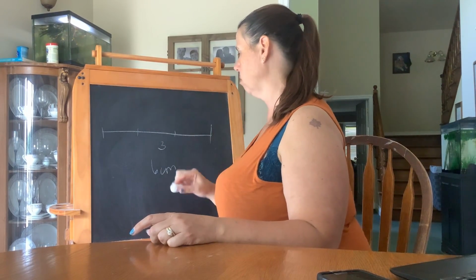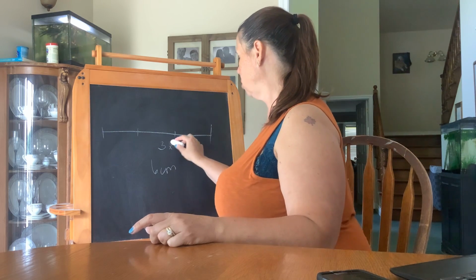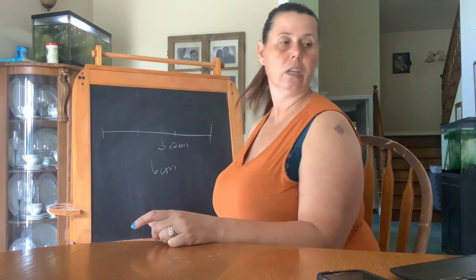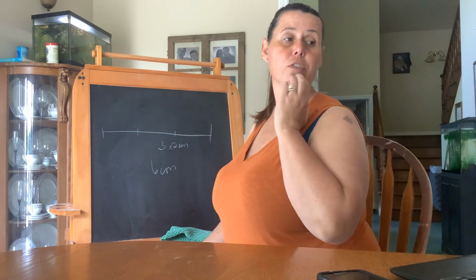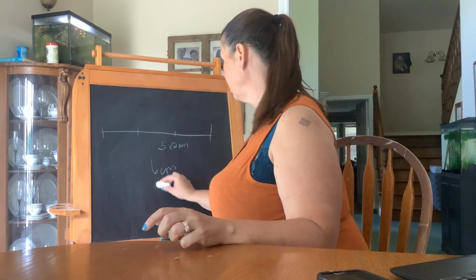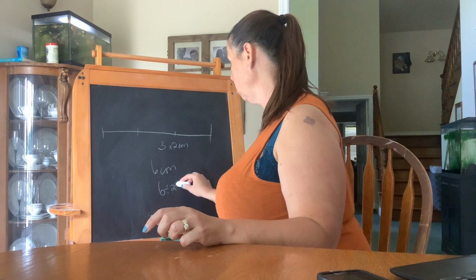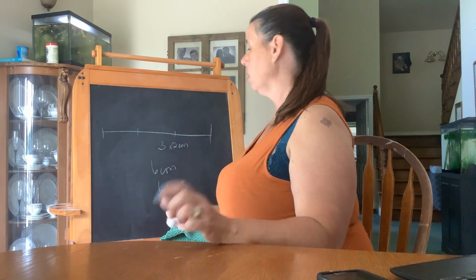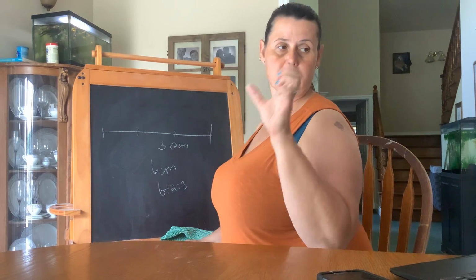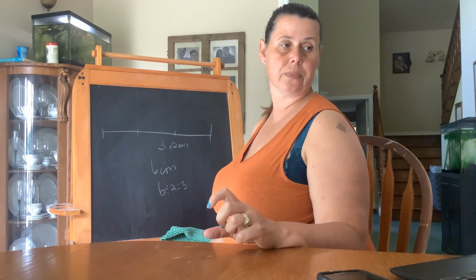Well, 3 of them do, right? 3 times 2 centimeters. So 3 pieces of length 2 fit into 6. So 6 divided by 2 equals 3. Because 6 divided into 2 centimeter sections, there would be 3 sections.